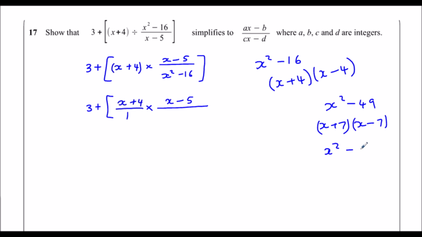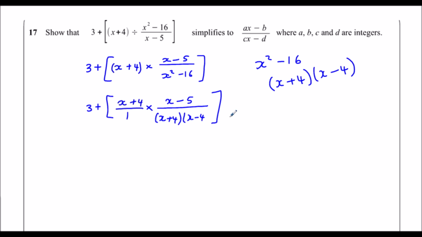X squared minus y squared is x plus y, x minus y. So that's the difference of two squares. We're going to use that to factorize this. So x plus 4, x minus 4.